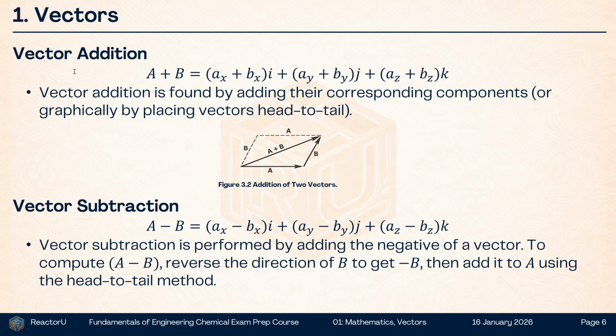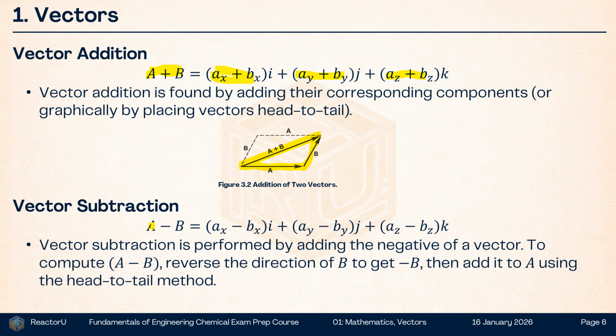Now let's go to some algebraic operations that we can do. We could add 2 vectors. When we add vectors, we add the corresponding components. The x components are added, the y components are added, the z components are added, or graphically by connecting the tail of the second one to the head of the first one. So you have this one here, A, and at its head you connect the tail of B, and this will generate for us this A plus B vector.